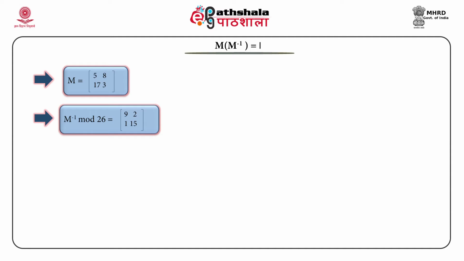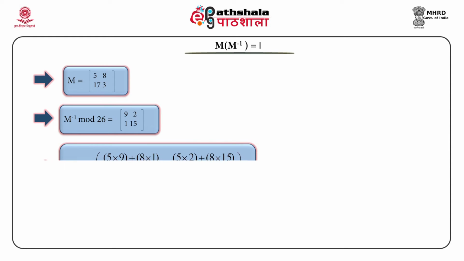Because once again we are going to deal with English alphabets and number them from 0 to 25, so we want our result to lie between 0 and 25. Now M inverse comes to 9, 2 in the first row and 1 and 15 in the second row. How this M inverse is calculated, we will see in the next slide.